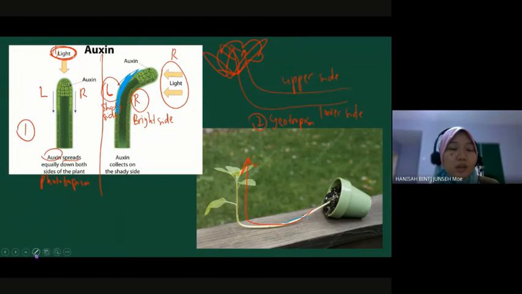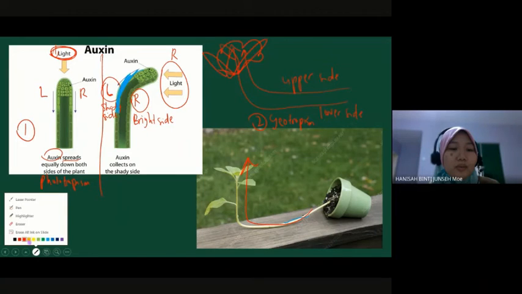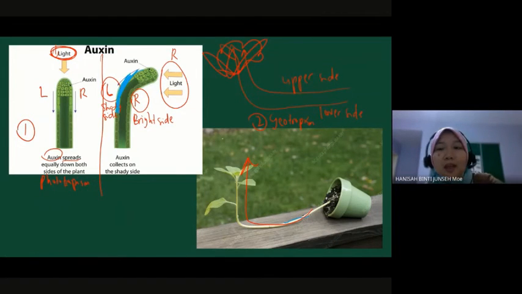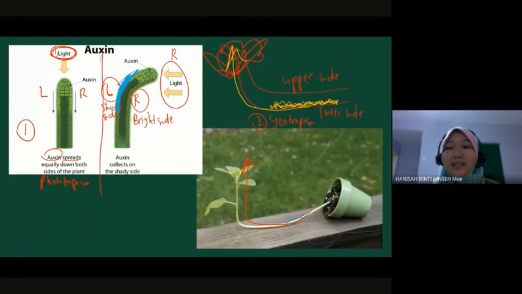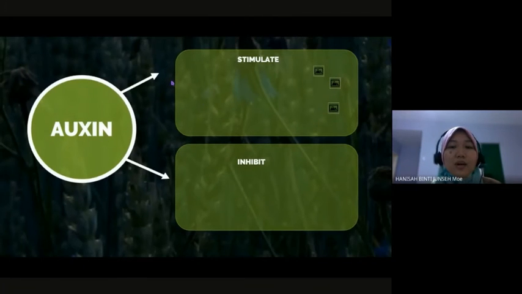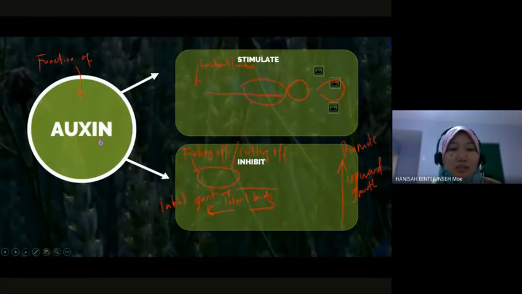Because of the gravity pull, the gravity force, auxin will go to the lower side. So meaning that this lower side will grow, will elongate. That is the reason why the plants can grow upward. All right. So that is the function of auxin. All right. So that is auxin.